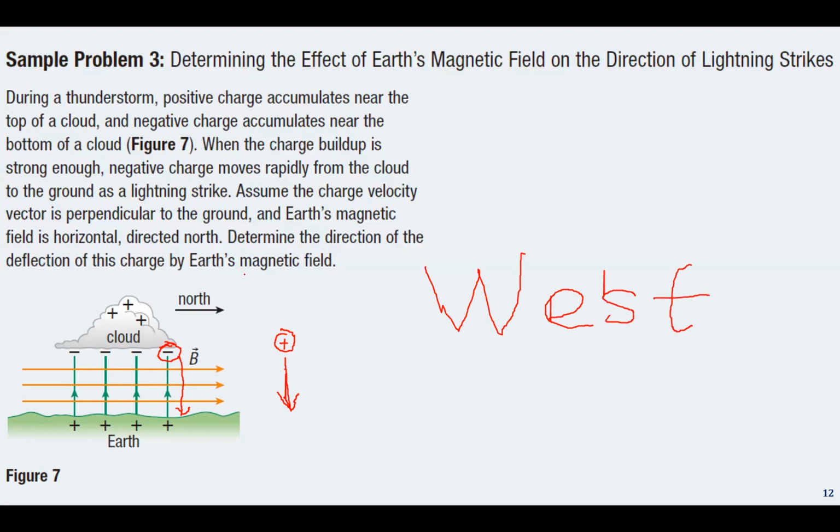Okay. So we can make the final statement. When lightning strikes, Earth's magnetic field deflects the negative charge towards the west.